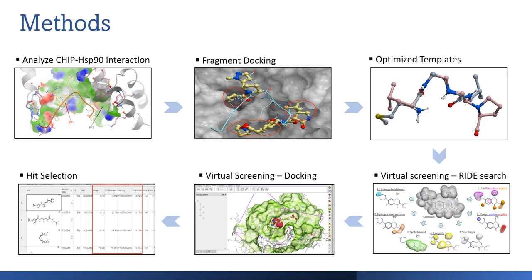One template was adapted from the endogenous peptide HSP90, and the other was adapted from a synthetic peptide that was identified by another study as a high binding affinity ligand for the TPR1 domain of CHIP.